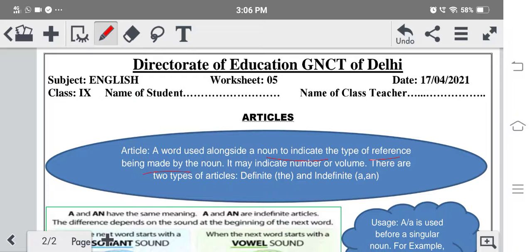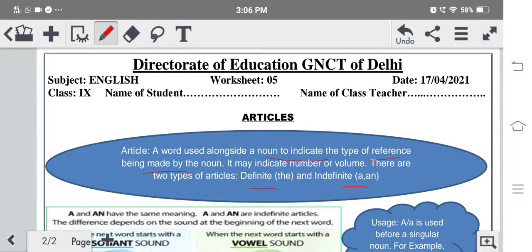One is a definite article, which tells us something of the noun that we have already spoken of, or the noun which is a definite noun, like a particular noun. And indefinite, that is a and an.